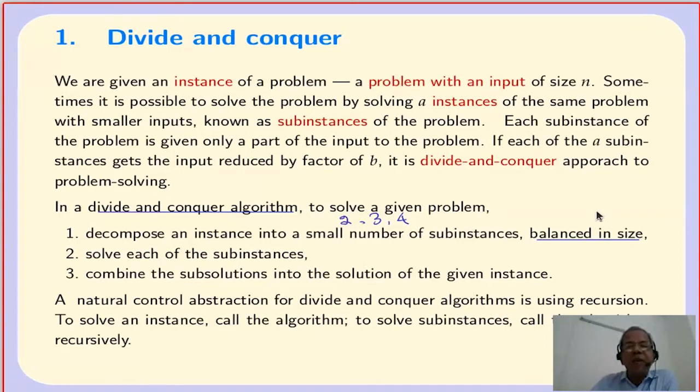They need not be strictly equal. Very important is a small number, not just one. Solve each of the sub-instances, combine the sub-solutions into the solution of the given instance. That is the crux of divide and conquer algorithm design strategies.